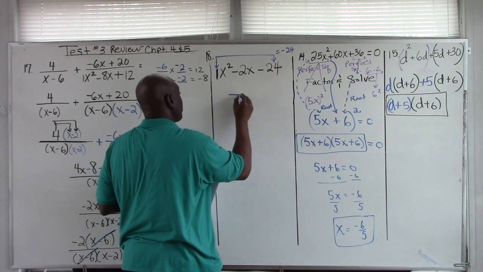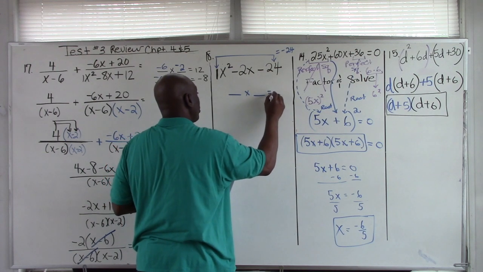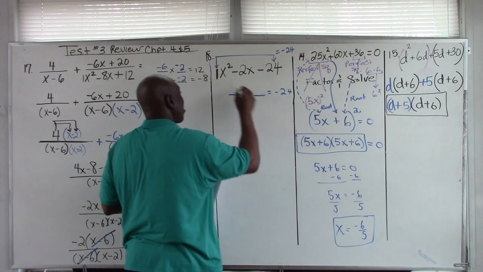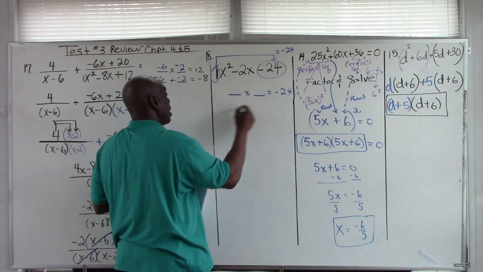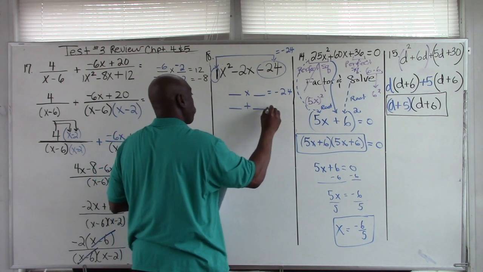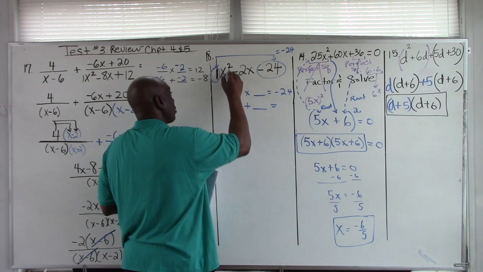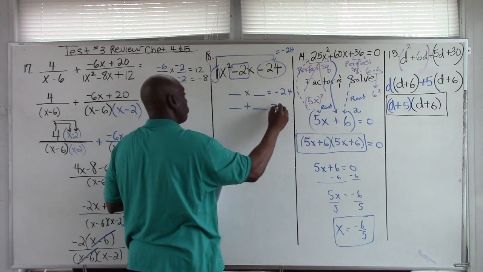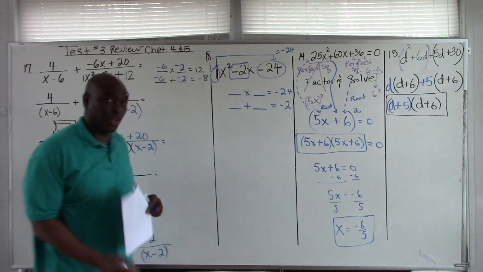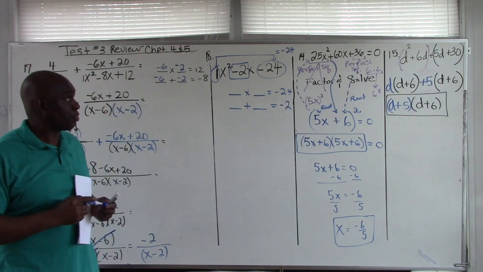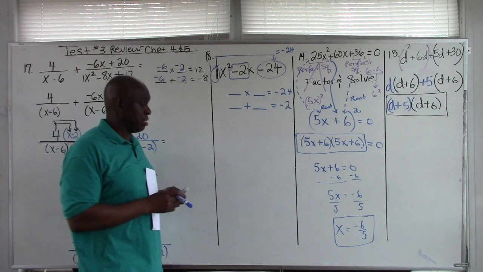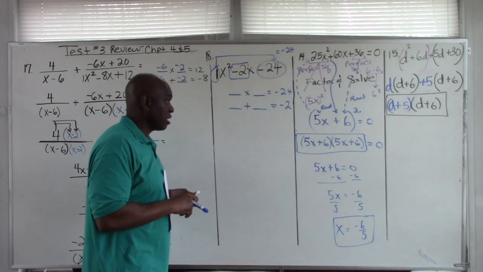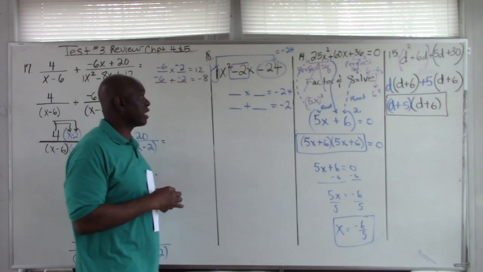So I need two numbers that multiply to negative 24, because I use 1 and I use negative 24, and yet they add up to give me what's in the middle, negative 2. What are those two numbers? Product negative 24, sum is negative 2.